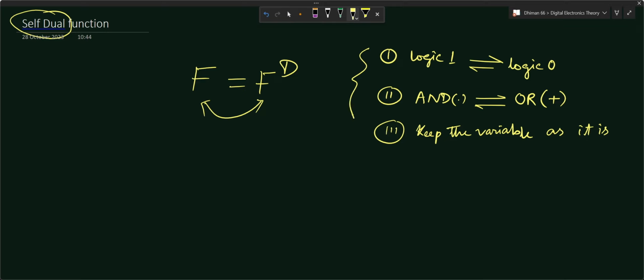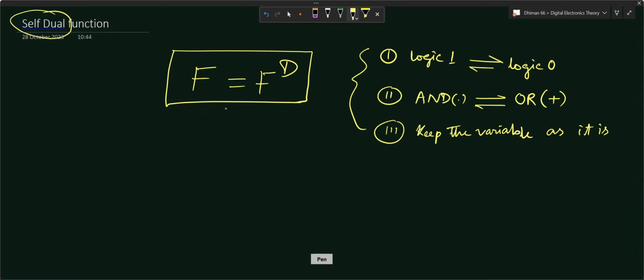We have to follow these three steps for finding out the dual of a given function. So to prove that a function and its dual are exactly the same, we have to consider one function. Let us consider a function F equal to ab plus bc plus ca. Suppose this is a given function.